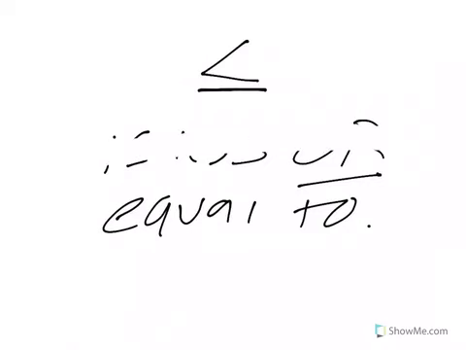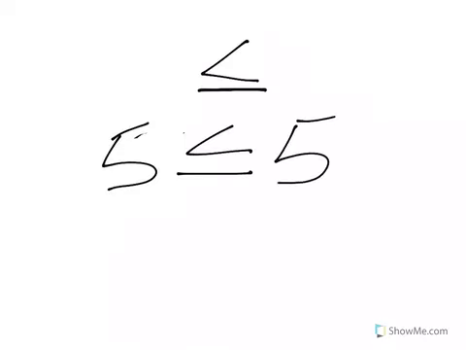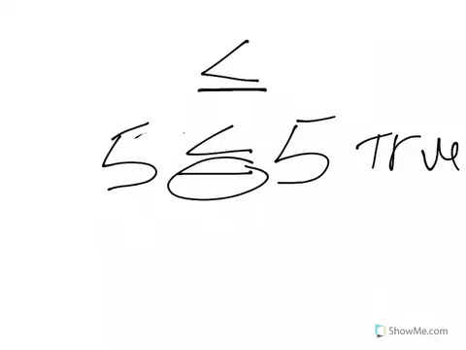So remember, less than or equal to. If we say 5 is less than or equal to 5, is that true? It is true, right? Because it says or equal to. That's what that line means. So it is equal to 5. So 5 is less than or equal to 5. Yeah, it's equal to, right?